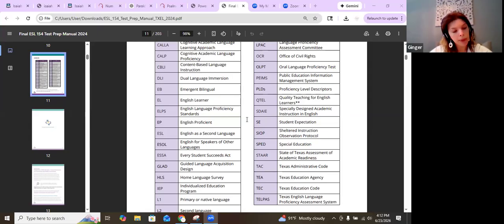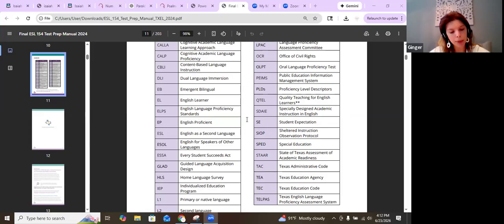Basic interpersonal communicative skills, BICS. That means one strand of a dichotomy that describes types of L2 acquisition, basic interpersonal communicative skills, and cognitive academic language proficiency.